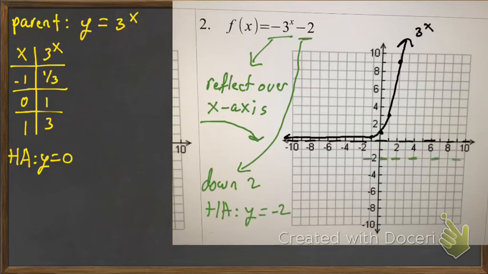So put that in there. Each one of our points we're going to reflect over the x-axis and then down 2. So here's your reflection and then down 2 on that first point. And then here's our point, reflect it, then down 2.